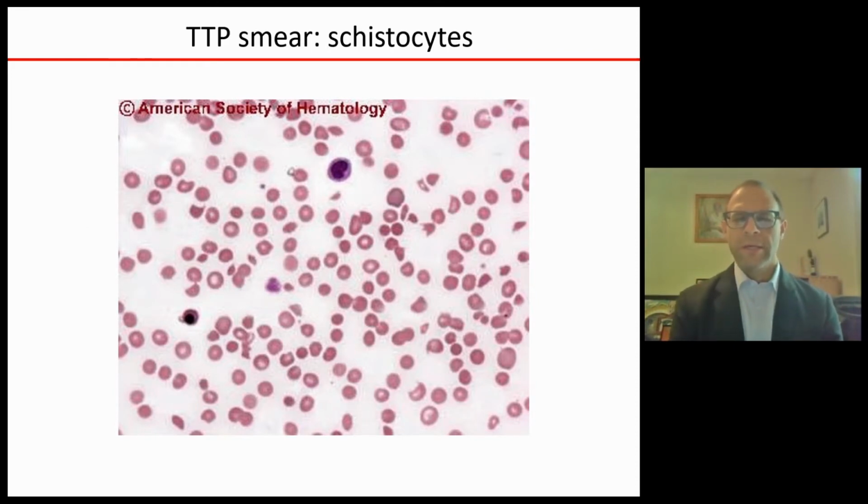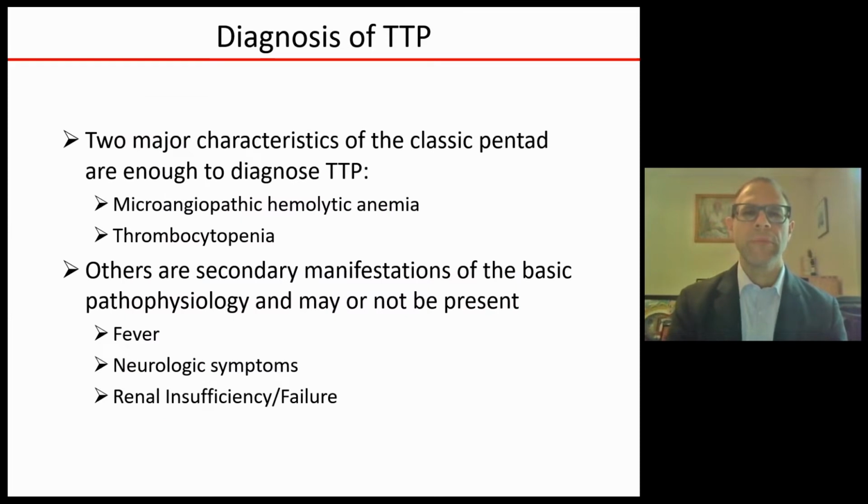Here's an example smear of schistocytes, the fragments of red blood cells. TTP often has, we talk about a pentad of features, the pentad being microangiopathic hemolytic anemia with schistocytes, thrombocytopenia, fever, neurologic symptoms, and kidney disease.